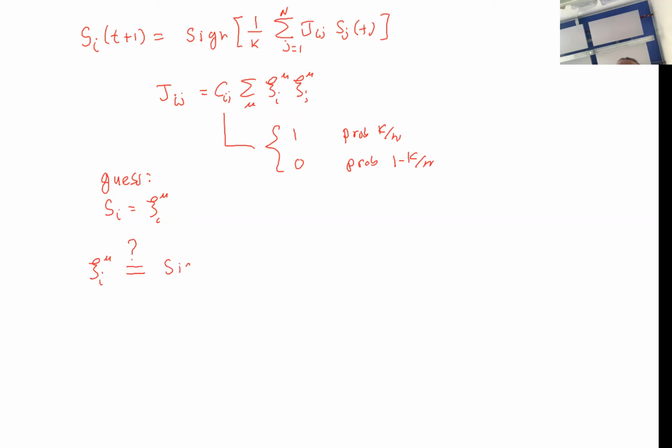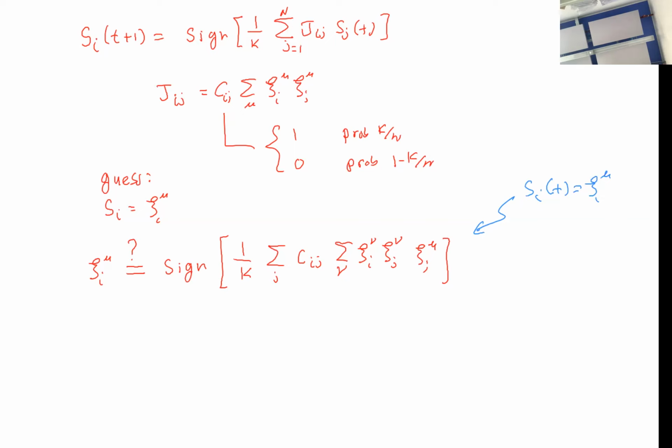Sine of 1 over k, sum on j. So first of all, we have a C_ij, and we have a sum on nu of squiggle i nu, squiggle j nu, and we're going to put squiggle j mu. So in this step, all we've done is set S_i of t equal to squiggle i mu.